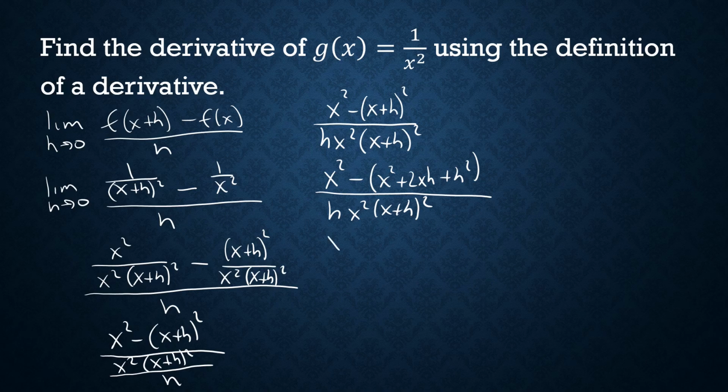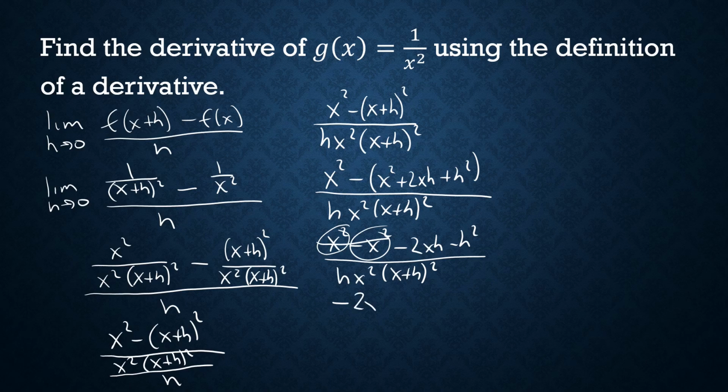And I can distribute that negative, so it becomes x squared minus x squared minus 2xh minus h squared over h x squared (x plus h) squared. Look at the top here, we have x squared minus x squared, so those go away, leaving me with just negative 2xh minus h squared over h x squared (x plus h) squared.